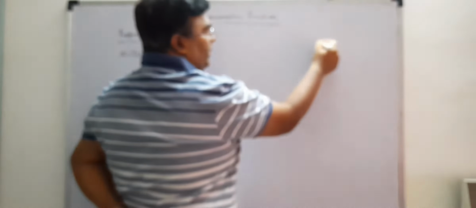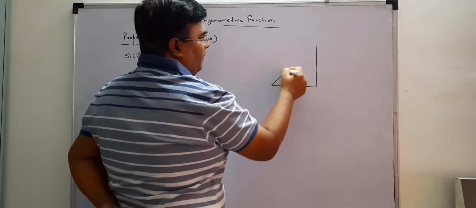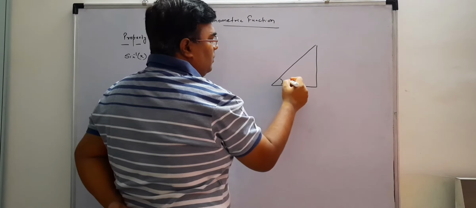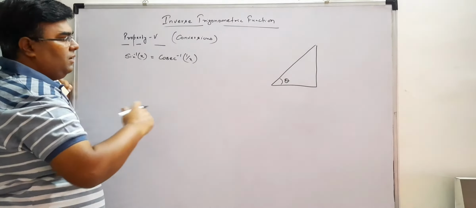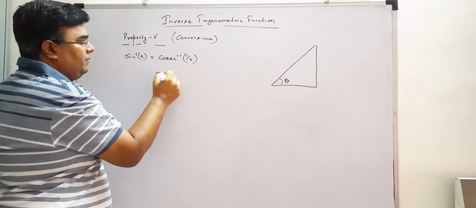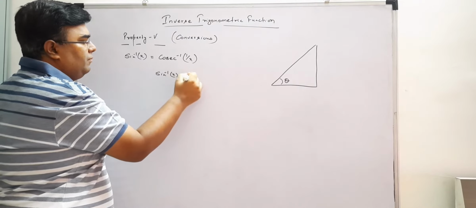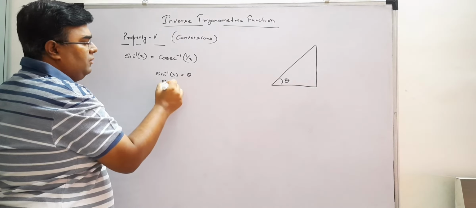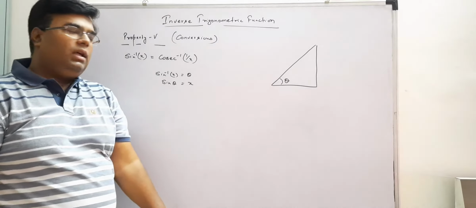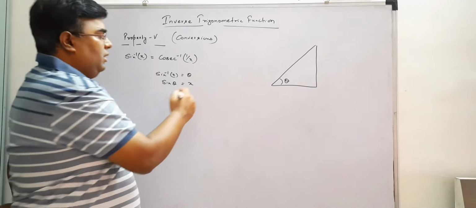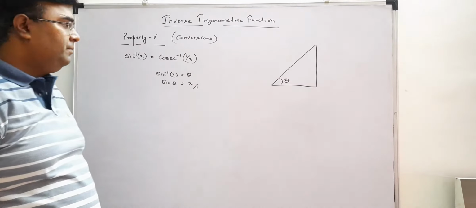For the other inverse functions, let us make a triangle, and this angle is theta. So if sine inverse x is theta, we have sine theta equal to x, which means x upon 1 we can write.